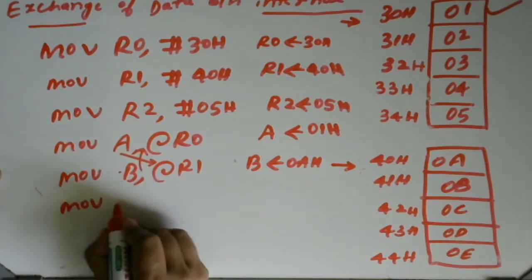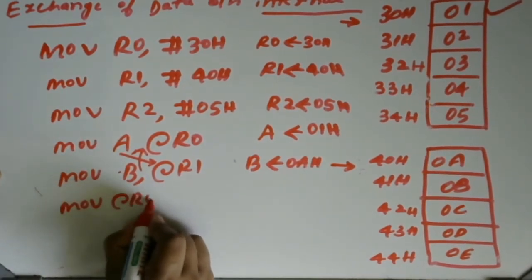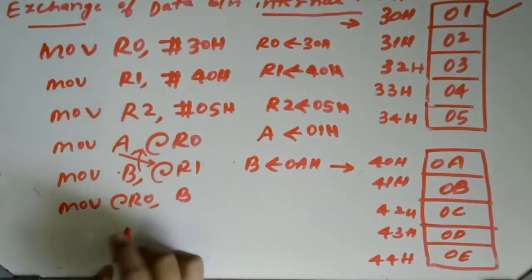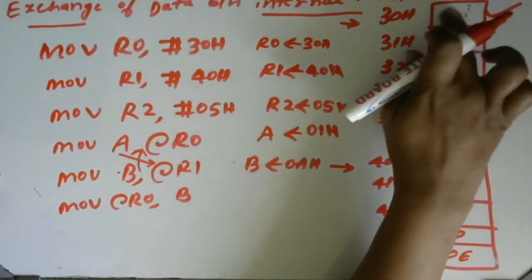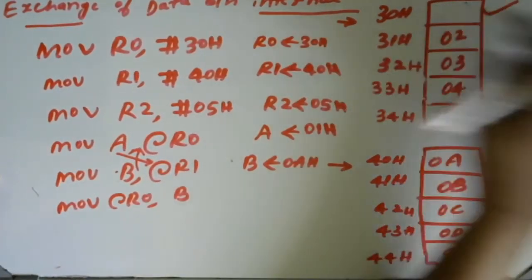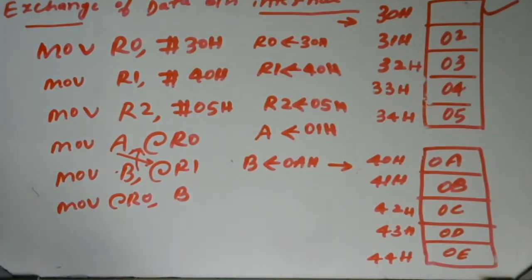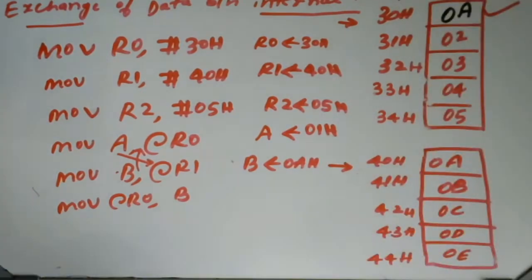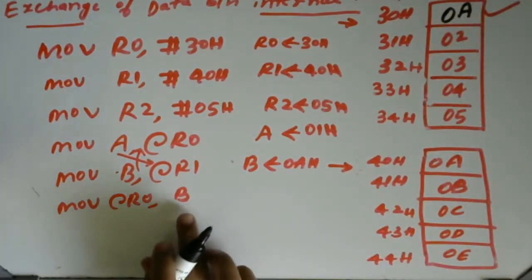So we can do that now: MOV @R0, B. What happens when we execute this instruction? R0 is showing 30H, so the content of 30H will be replaced with the 0AH that was present in the B register.